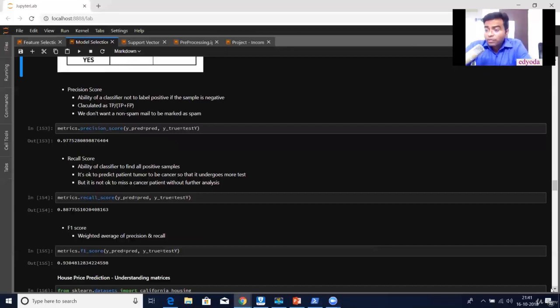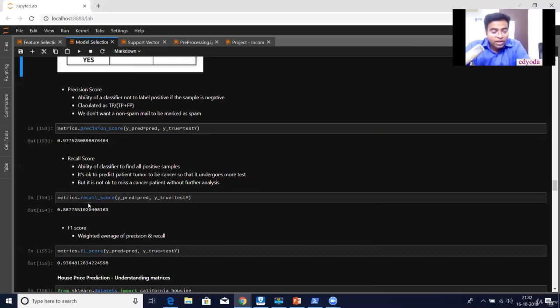Followed by that, you have precision score. Briefly, it means the ability of a classifier not to label a positive if the sample is negative. For example, we don't want to mark a non-spam mail as spam, because you'll never end up reading that mail, maybe that's a job offer. So for those models, you have to consider precision score.